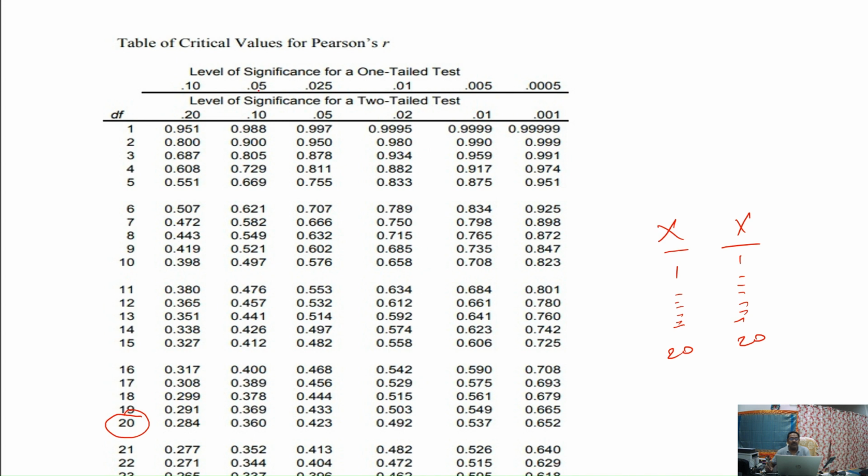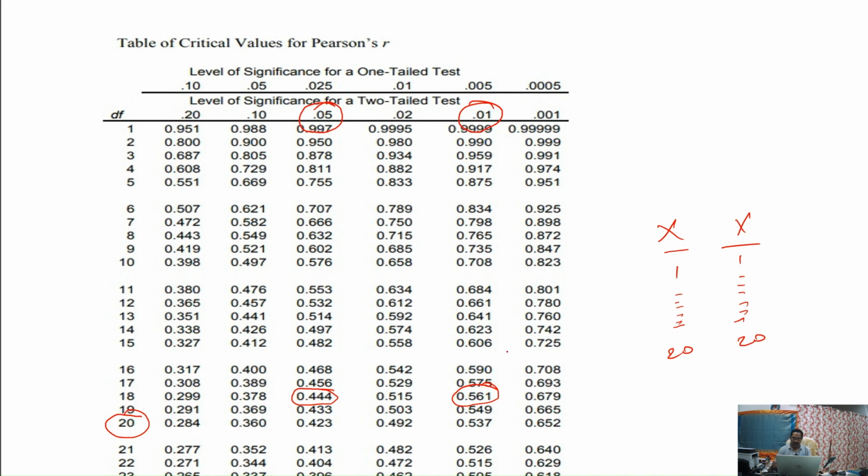In social sciences, for a two tail test, we go for either 0.05 or 0.01. In 18, if it is 0.444, then it is significant at the 0.05 level.